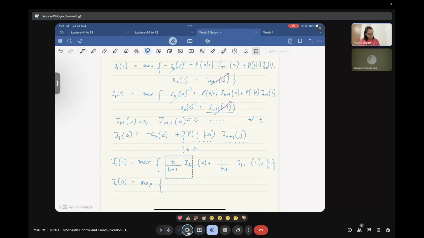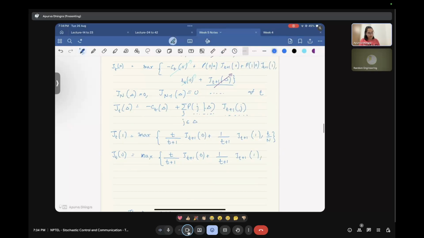It's this quantity as it is copied, right? This quantity and this quantity are the same because it doesn't matter what state it started out with. So this quantity has become 0. So for Jt of 0, the max is between this and 0.